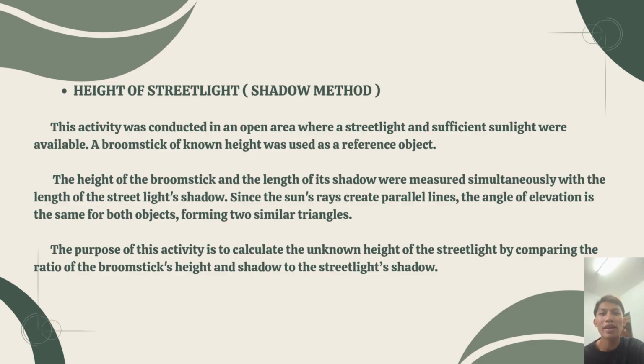Since the sun's rays create parallel lines, the angle of elevation is the same for both objects, forming two similar triangles. The purpose of this activity is to calculate the unknown height of the street light by comparing the ratio of the broomstick height and shadow to the street light shadow.